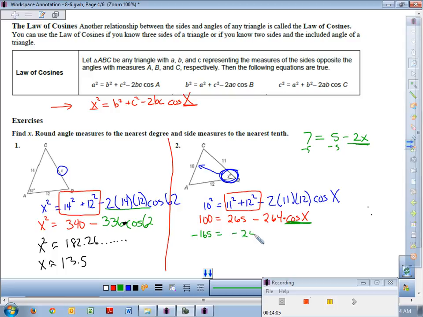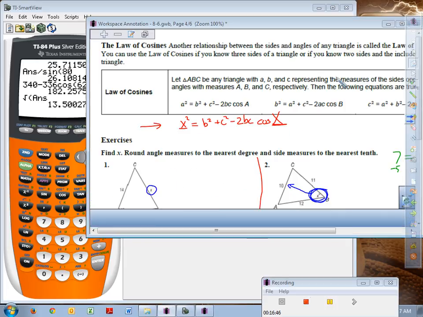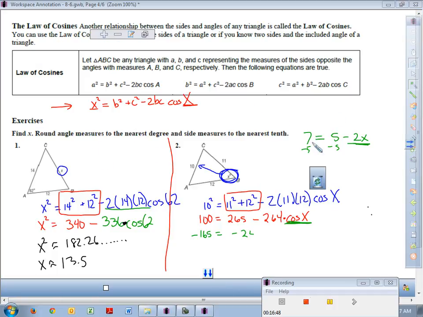And when you do that, you get this. Almost. Sorry, hit the wrong button there. And you get negative 165 over here, and all this stuff came down. Well, now to get cosine of x all by itself, we're going to divide by negative 264. There's a times 264 right there, so we're going to divide by negative 264.